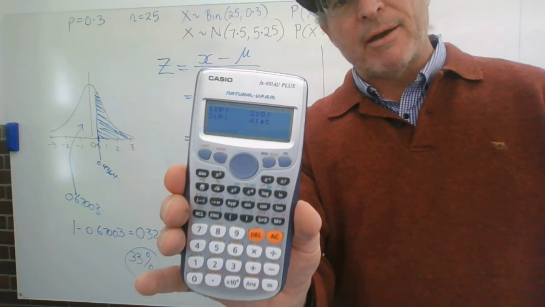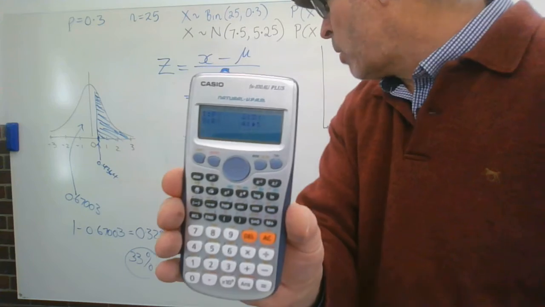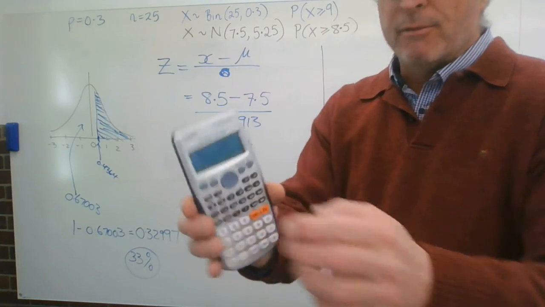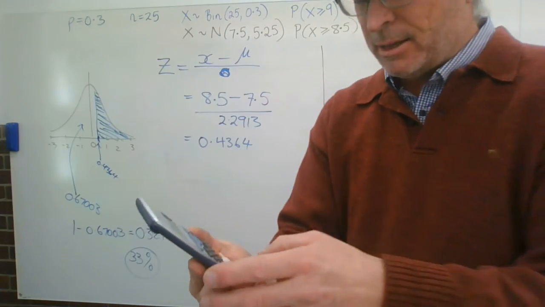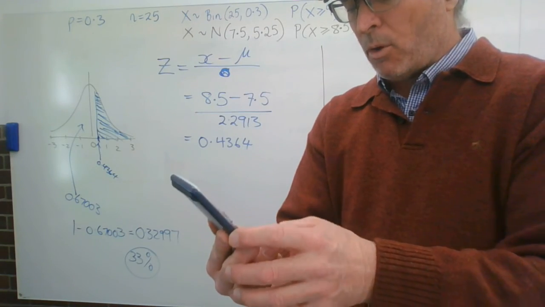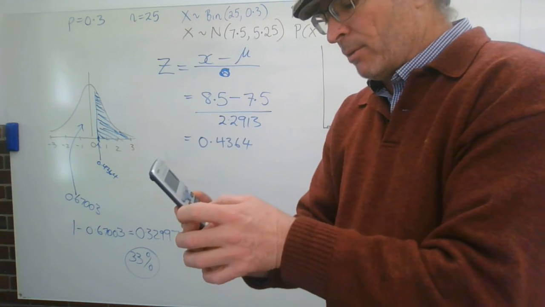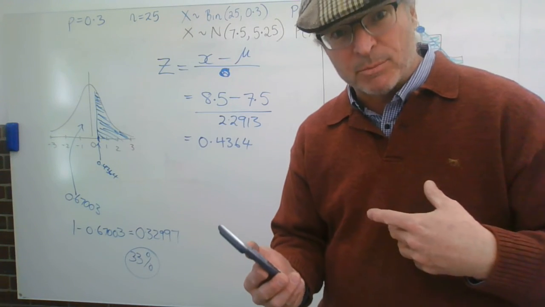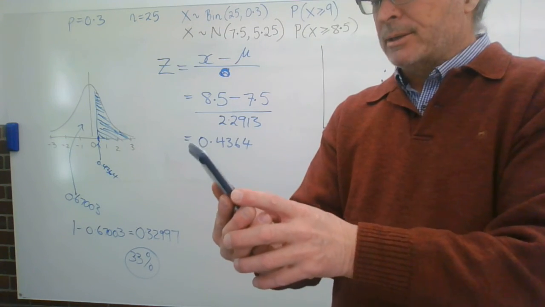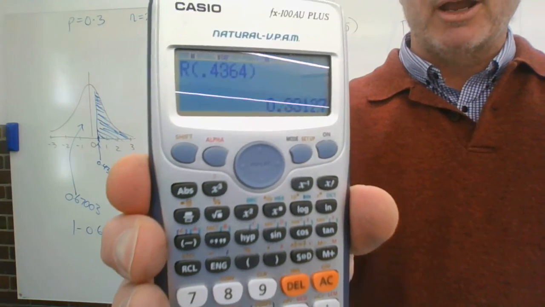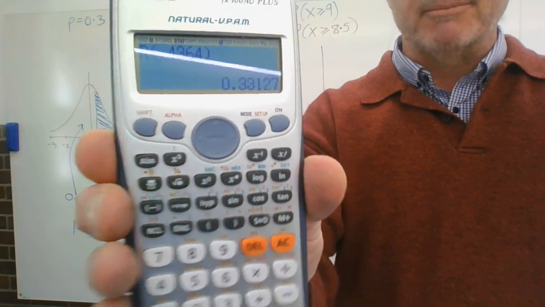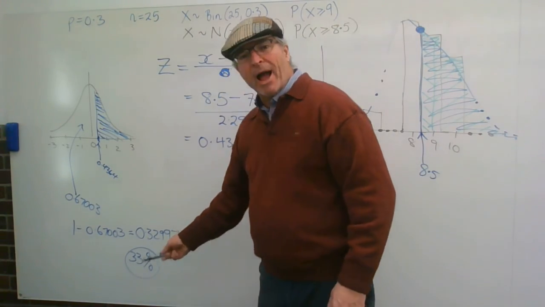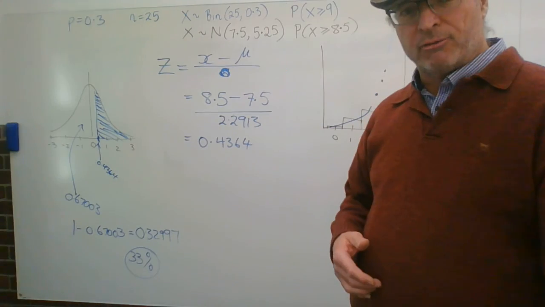And R gives you the area from the number you put in upwards, which is what we want. So for R, I need to pick 3 and put in 0.4364, which is more accurate than what I was able to do on the table because I had to round that to 0.44. And that gives me 0.33127. But like I said, I rounded it. Whichever way, I get about 33% or 0.33.